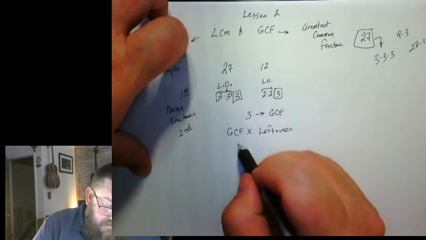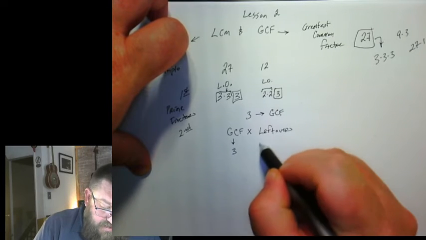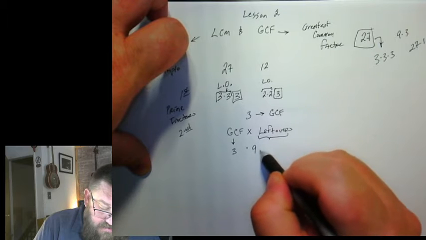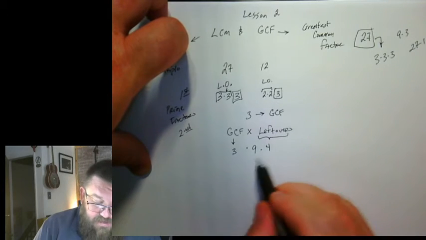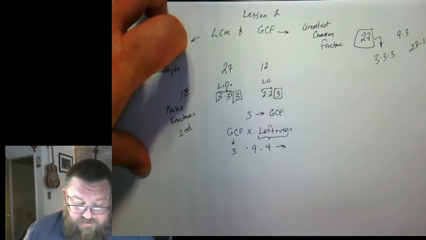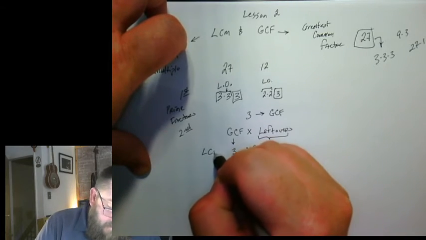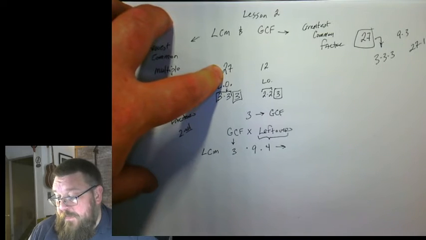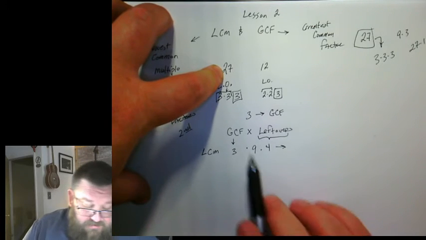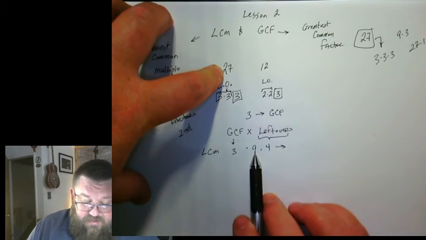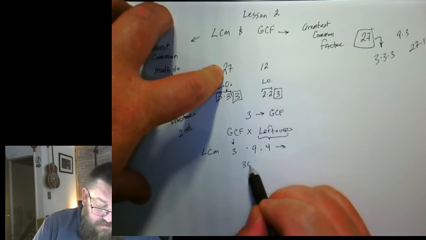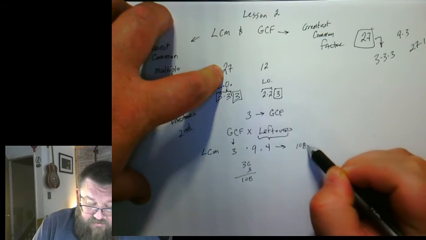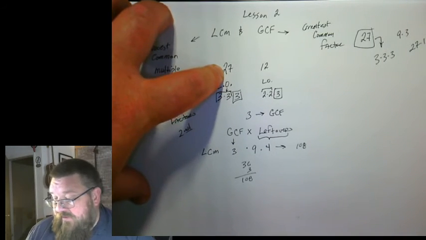So we take our GCF, which is 3, take our leftovers, which are 9 and 4, and we multiply all of that together, and that gives us our lowest common multiple, which is the smallest number that both of these divide into evenly. So that would be 36 times 3, 108. That is the smallest number that both of these divide into.